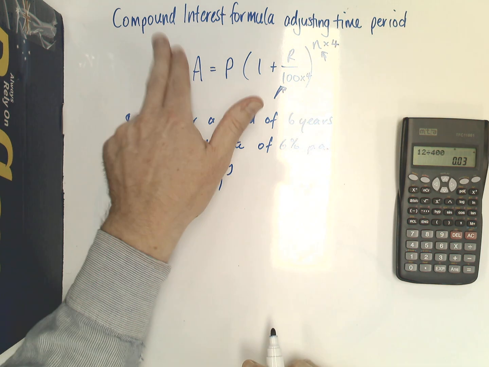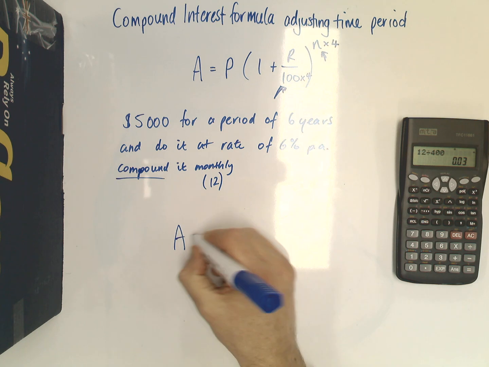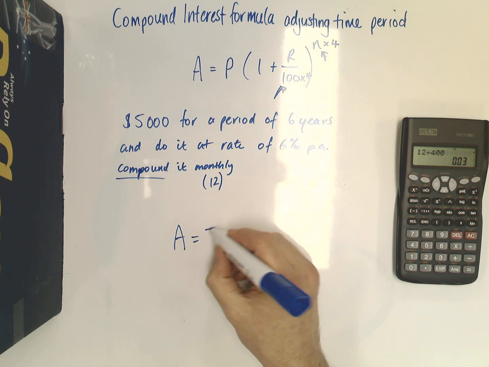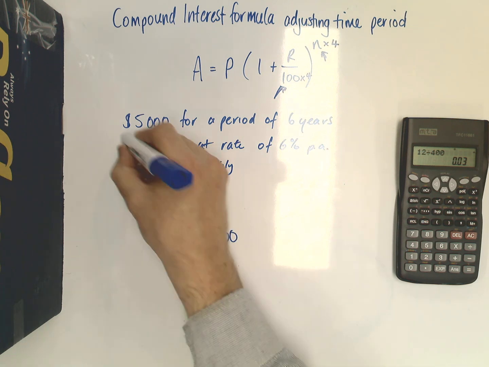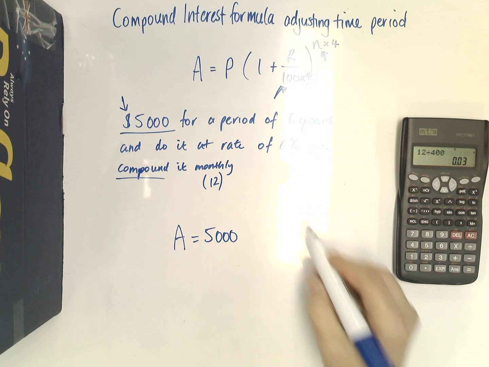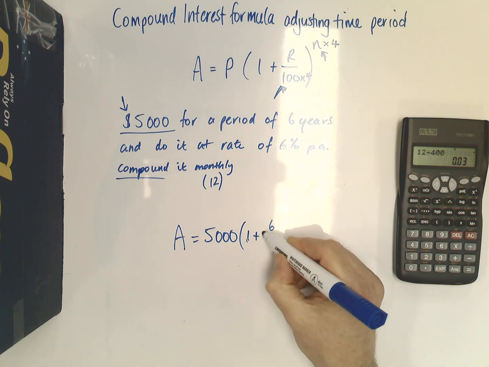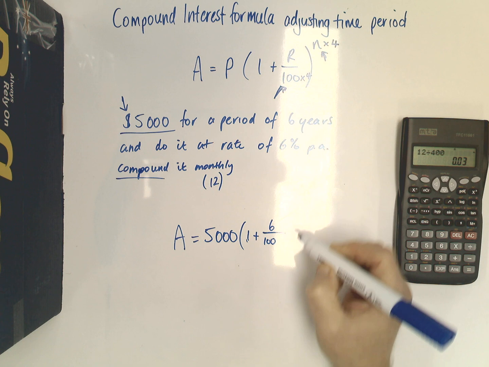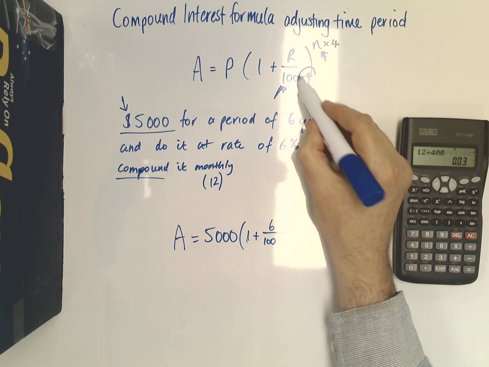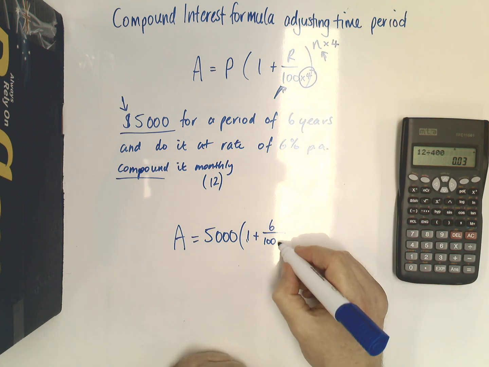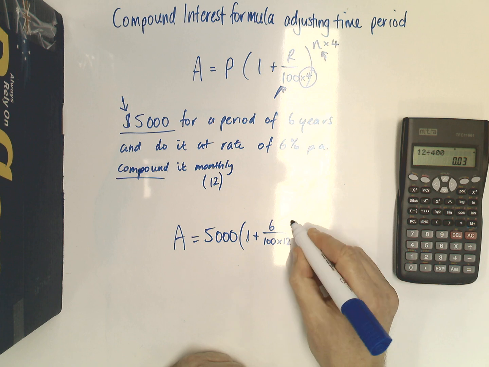So let's put everything that we need into this formula. So A, so our principal, well, $5,000 from the question. We knew this because it's got the little money sign. 1 plus our rate, which is 6 over 100, but don't forget, we need to times it by whatever this is. So I'm going to times that by 12.